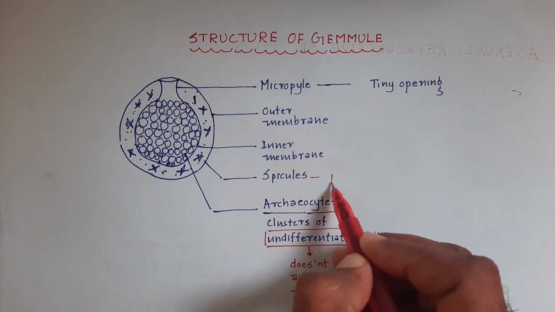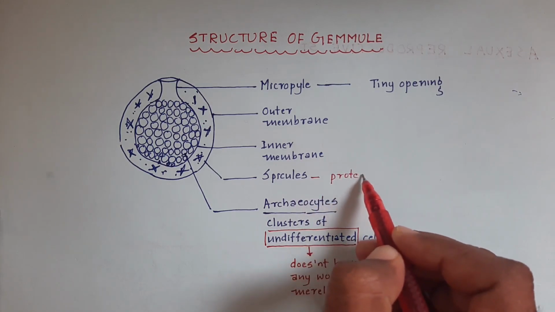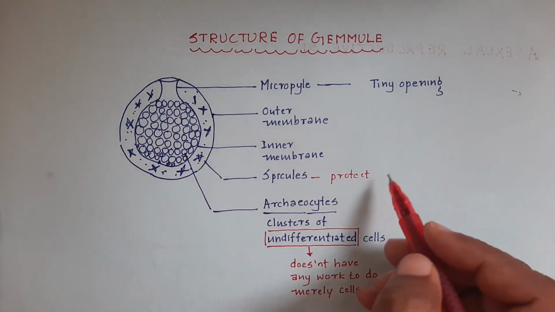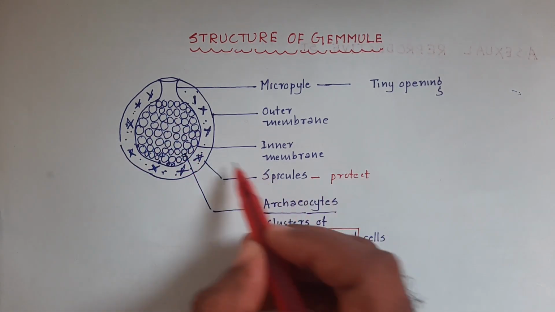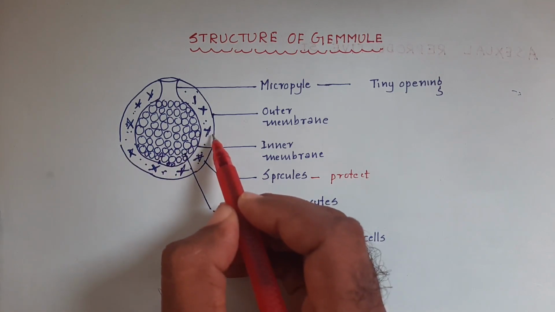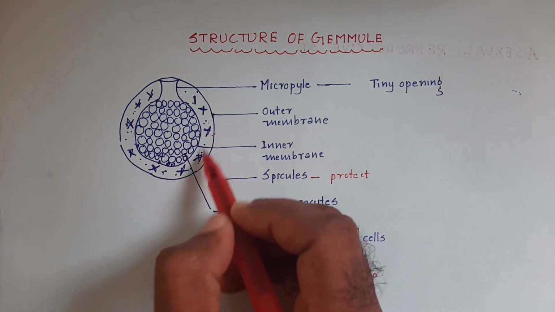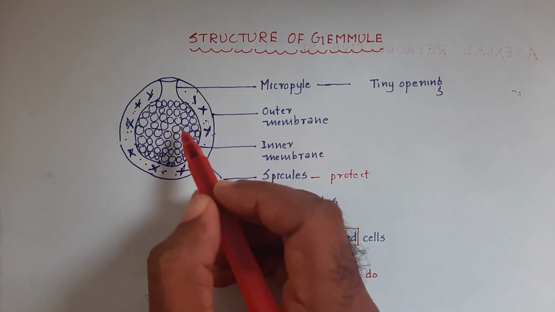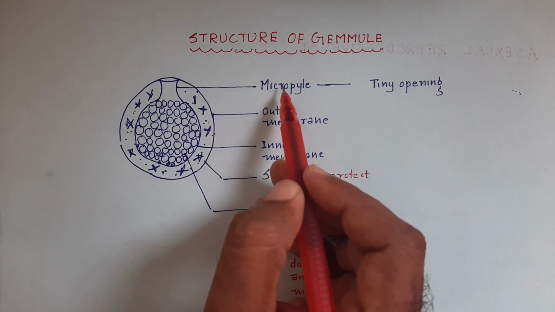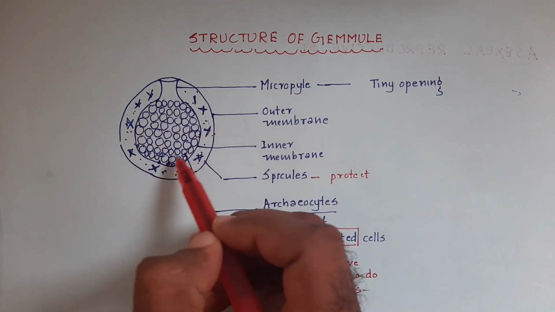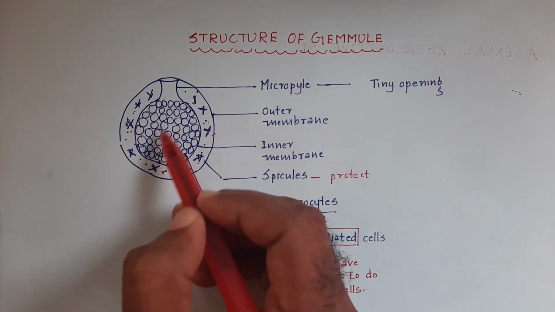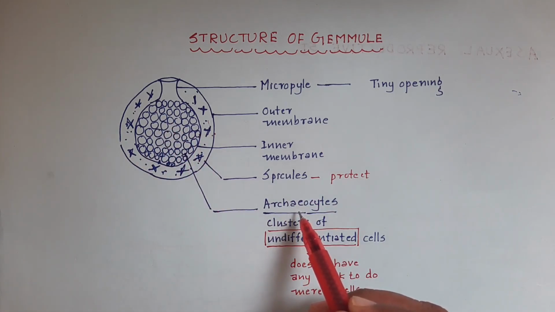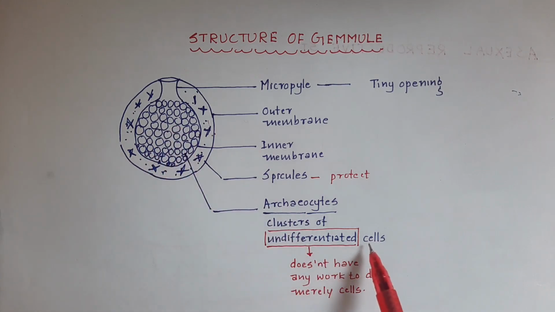These spicules protect the archaeocyte cells from predators. The spicules are present between the inner and outer membrane, lined to surround the archaeocyte cells. So the micropyle opening and the group of cells, an aggregation of cells known as archaeocytes, are undifferentiated cells.